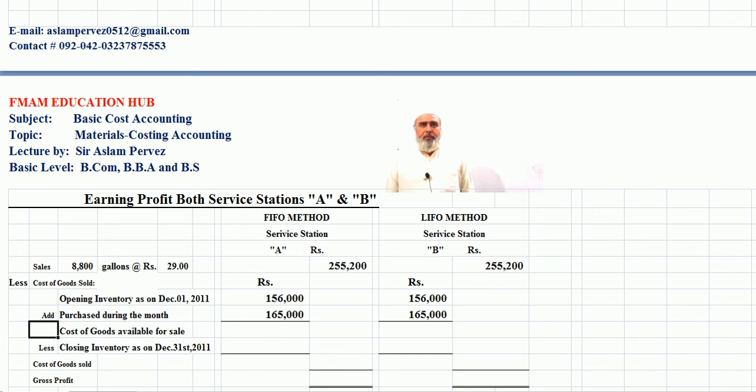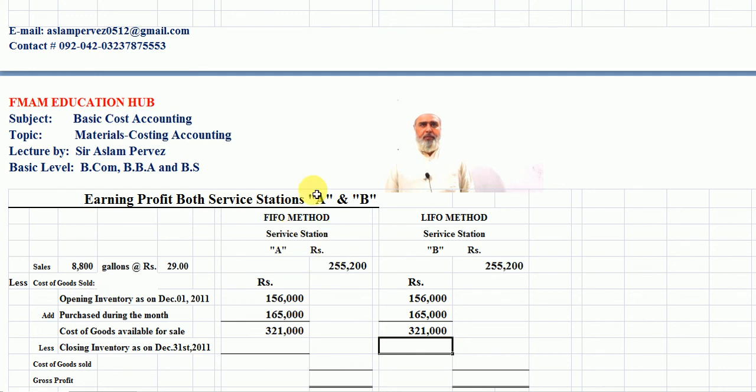Students, for the cost of goods available for sale, we have to add up both the values here, the opening stock and the purchases. Closing inventory as on December 31st, 2011.